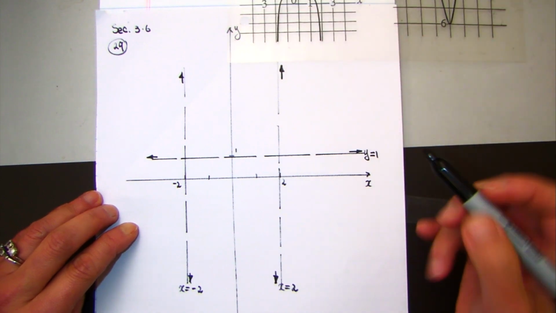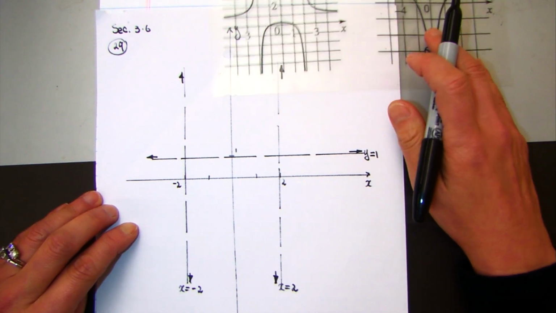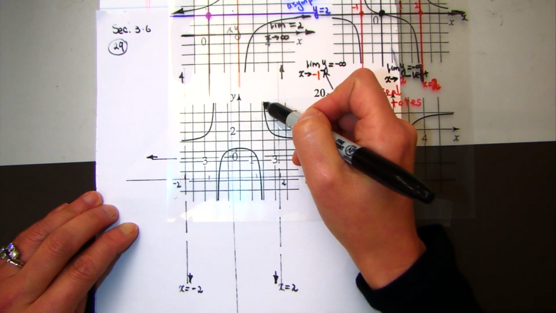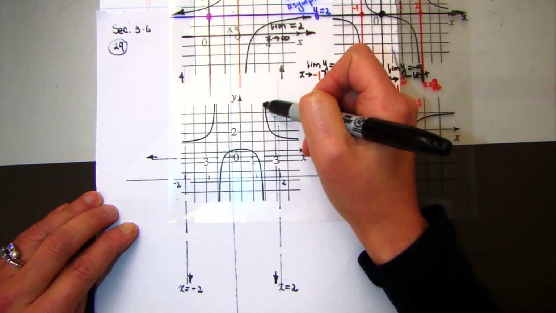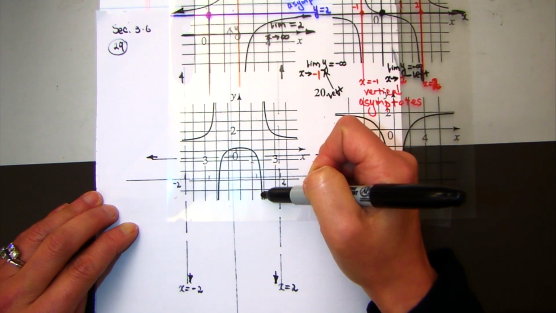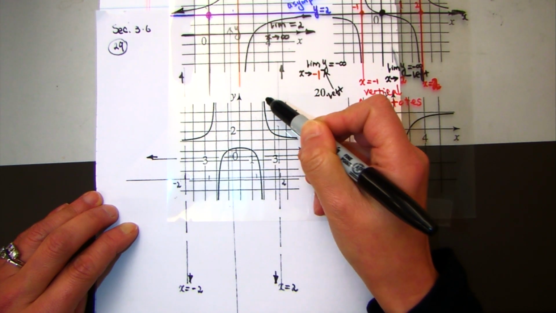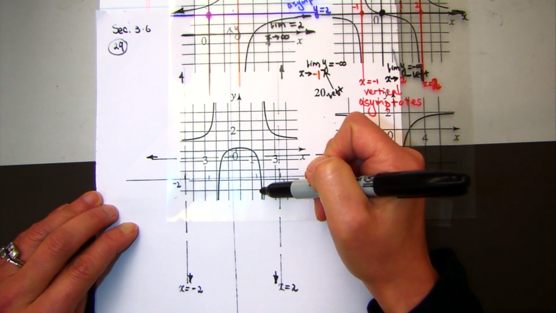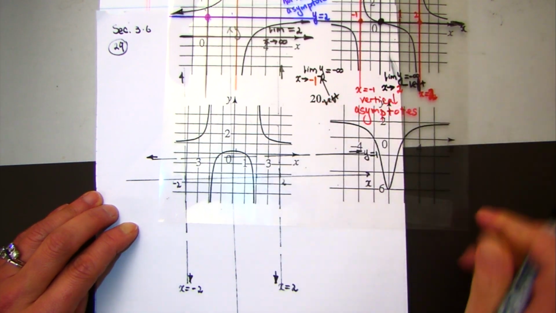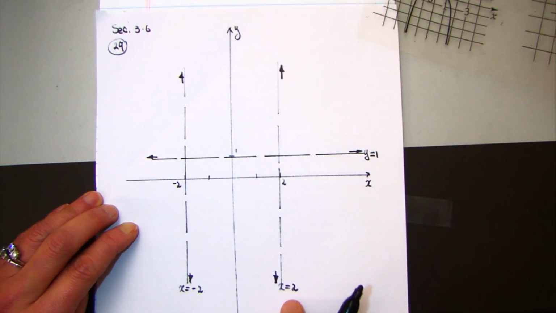I would like you to concentrate on looking at these two ends. It got really close to this vertical line, but never touched it, never crossed it. So that vertical line is called a vertical asymptote. So here it is. x equals 2 is a vertical asymptote.